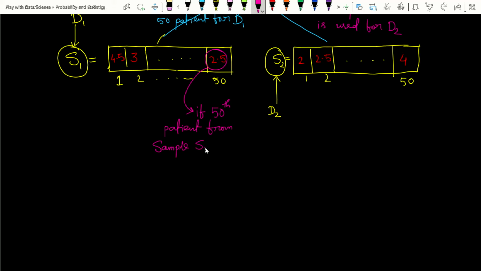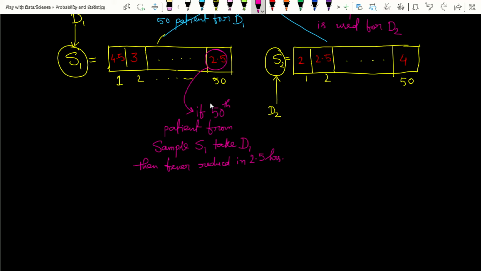from sample S1 takes drug 1, then fever reduces in 2.5 hours.